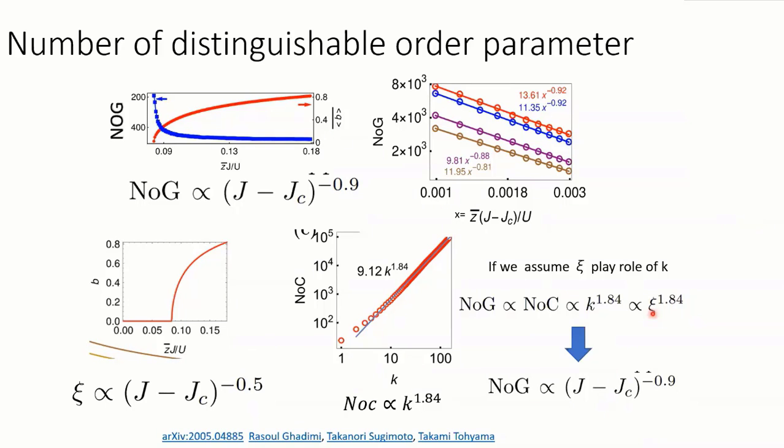One view is that this may be some percolation physics, and this exponent should be half or some other exponent. I mean, this relation should be with some other exponent. But here, if I want to justify this physics, I just use K proportional to the correlation length.